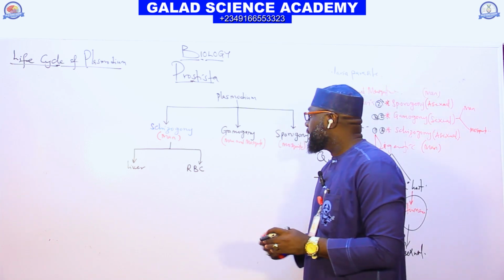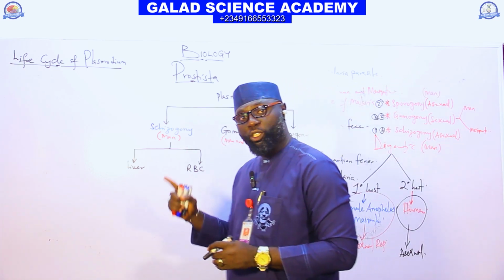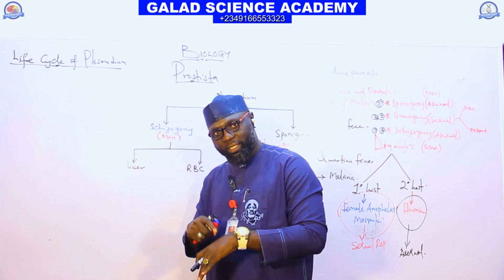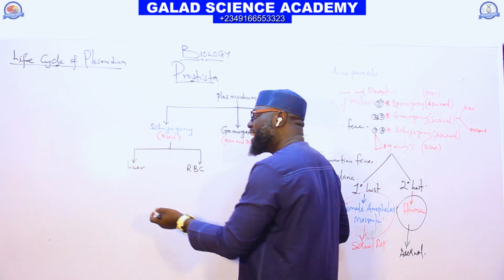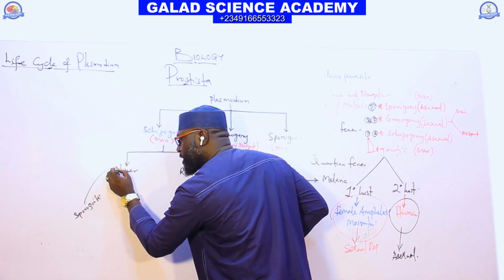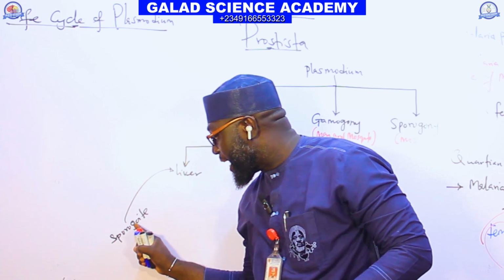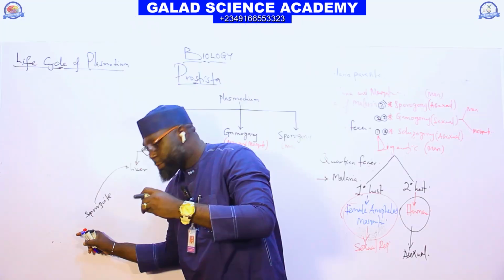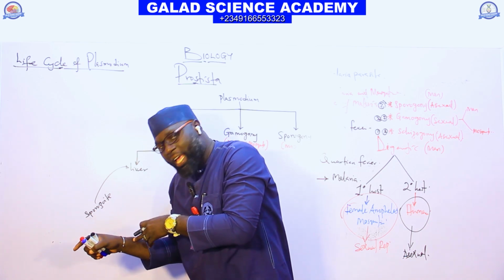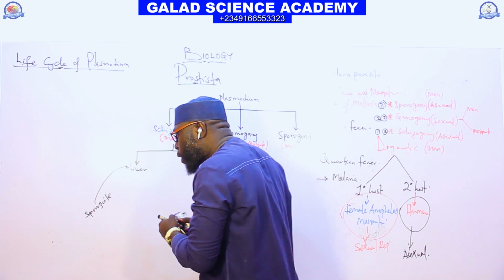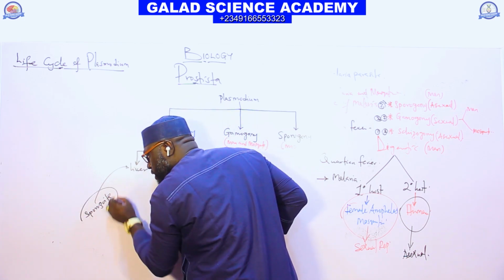So when the infected mosquito bites a man, it will release sporozoites into the liver. When the infected mosquito inserts its proboscis into the human skin, due to the process of sucking the human blood, it will drop the sporozoites.